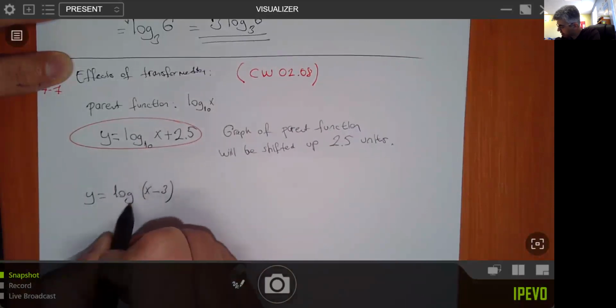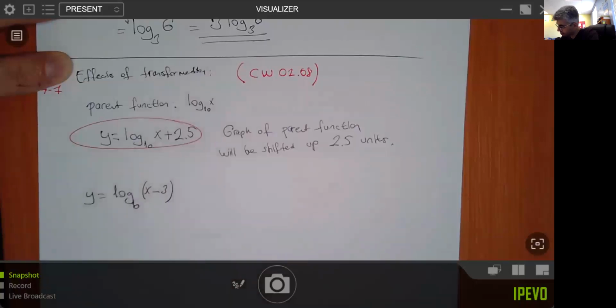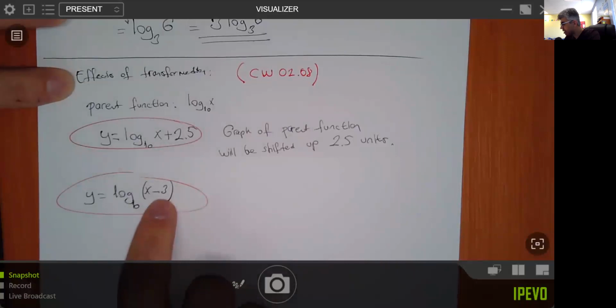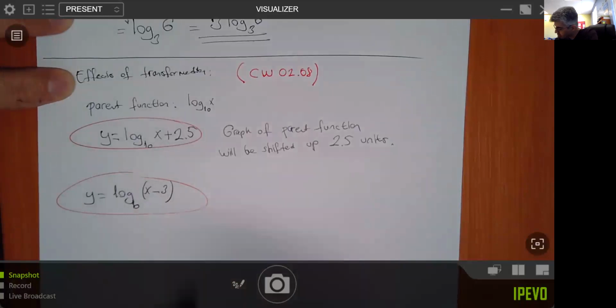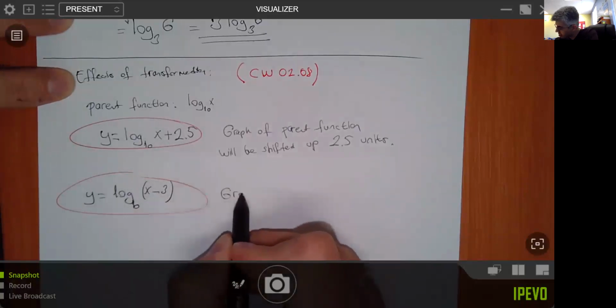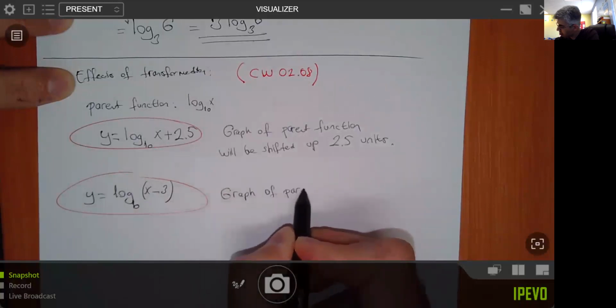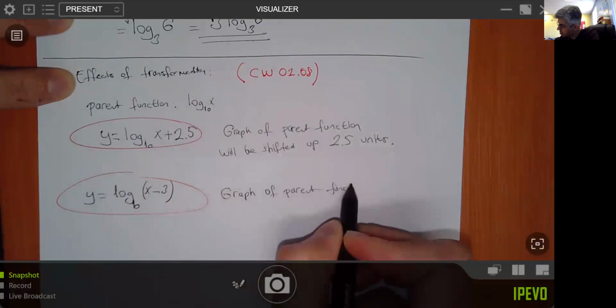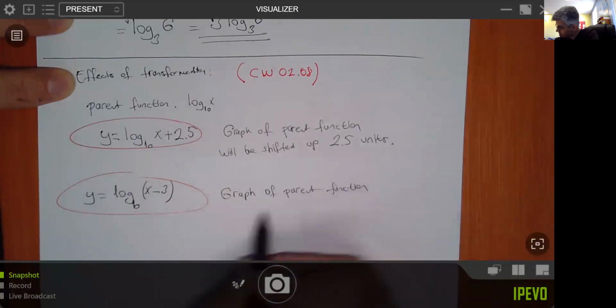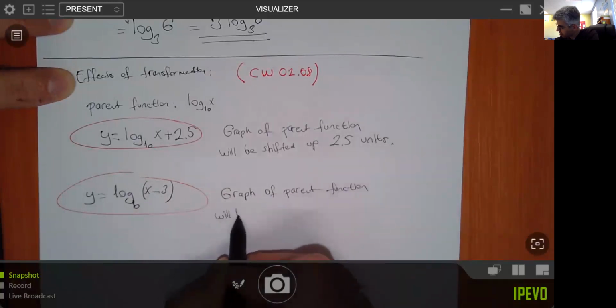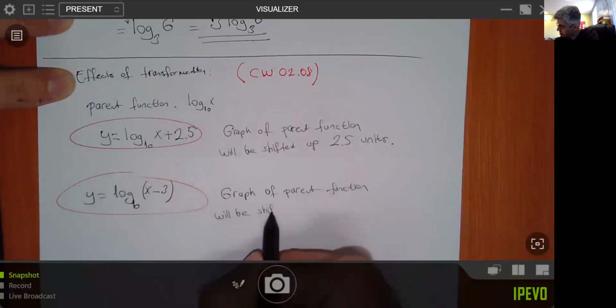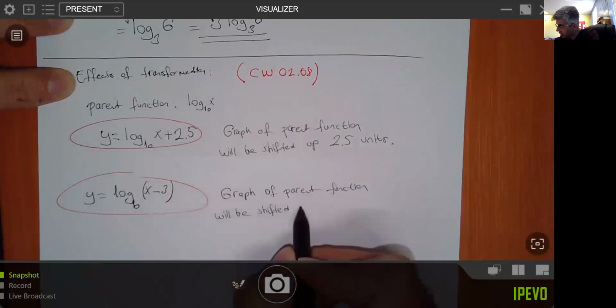Guys, if we have a value in parentheses, pay attention, then we shift the graph to the right or left. So here the graph of the parent function will be shifted left or right?